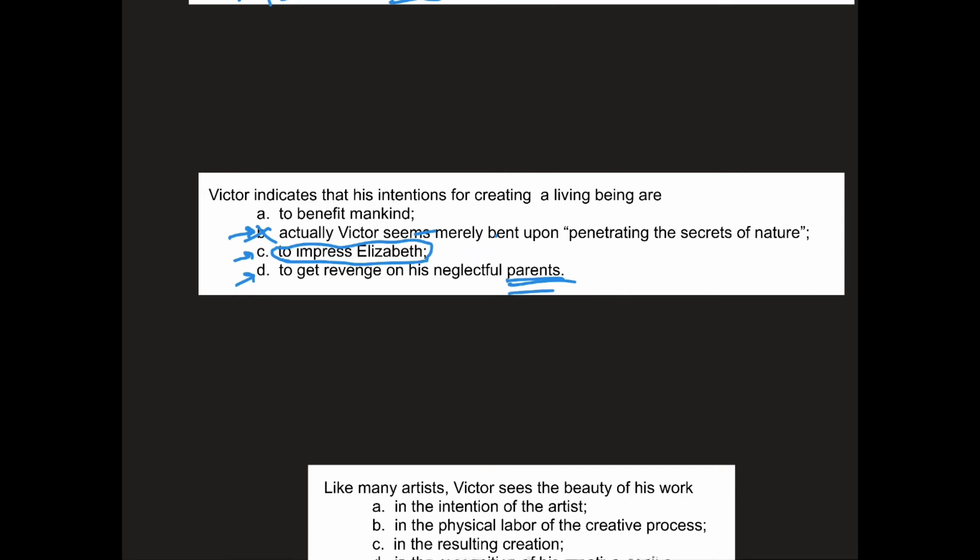We get this feeling when he talks about how angelic she is, and how when the creature finds the locket, he's mesmerized by the beauty of Caroline, who's much prettier than Justine, but Justine's okay. So I've eliminated really all the choices, leaving me with A as the only possibility that could be right.